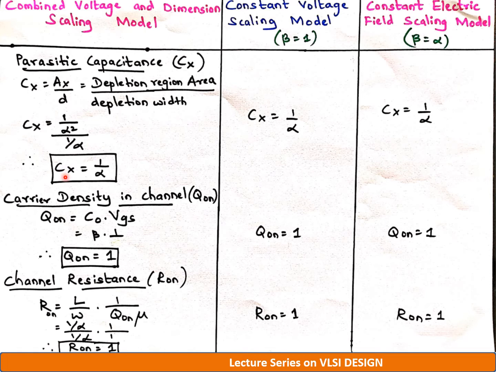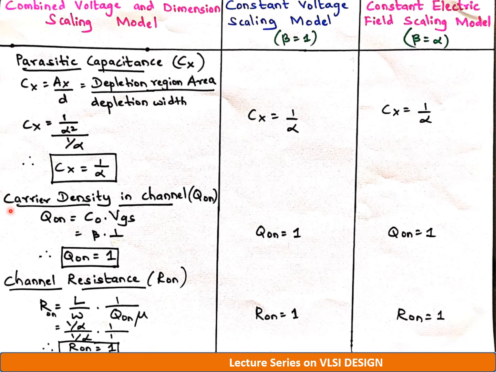Therefore, scaling factor for parasitic capacitance is 1 by alpha in combined V and D. In constant voltage scaling model, beta is equal to 1. Therefore, scaling factor for parasitic capacitance is 1 by alpha. In electric field scaling model, the scaling factor for parasitic capacitance is 1 by alpha.